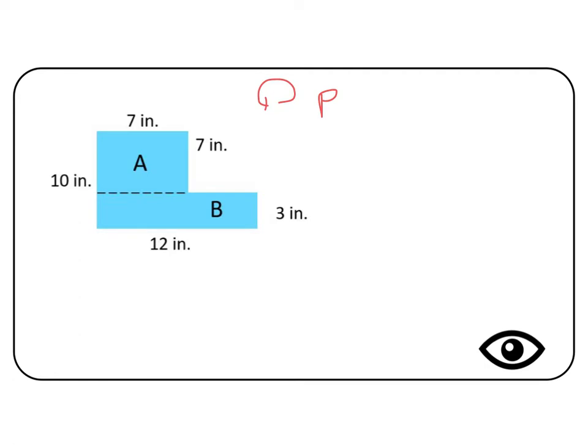So if we do that, that would be 7 plus 10 plus 12 plus 3 plus 7 plus 7. And I know that this one's 7 because that side is 7 and 7.